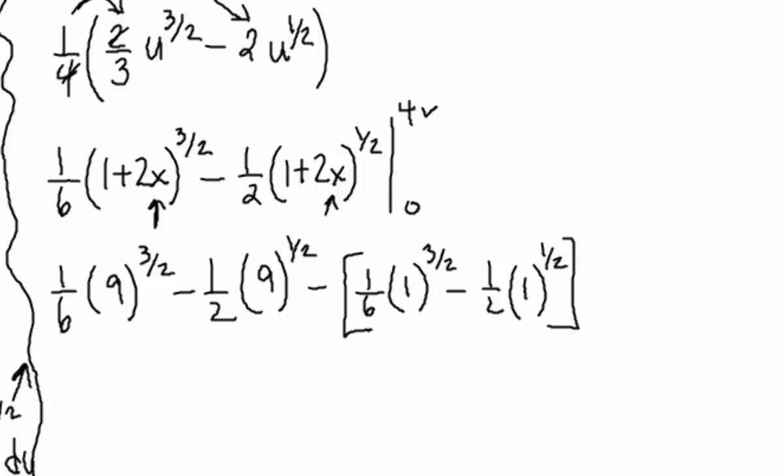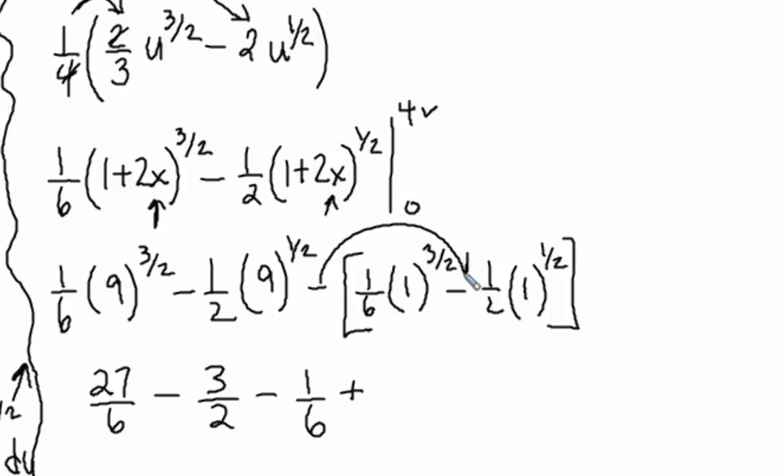So 9 to the 3/2, square root of 9 is 3, cubed is 27, so we get 27 over 6, minus square root of 9 is 3, so we get 3/2, minus, so the square root of 1 cubed is still 1, so we'd have minus 1/6, and then we'd have plus, because this negative needs to be multiplied through, so we'd have plus 1/2.